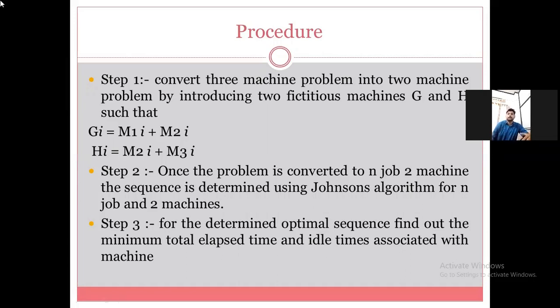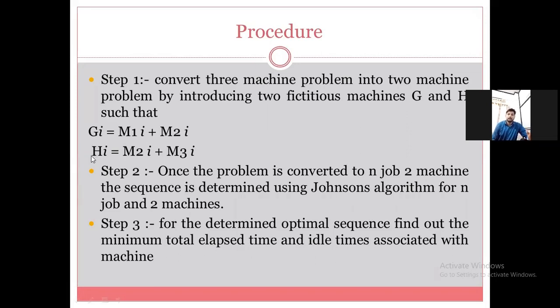G suffix I is nothing but the processing time of a particular job on the G machine. M1I means the processing time of a particular job on the M1 machine, and M2I is nothing but the processing time of a particular job on the M2 machine. So G suffix I is equal to M1I plus M2I.